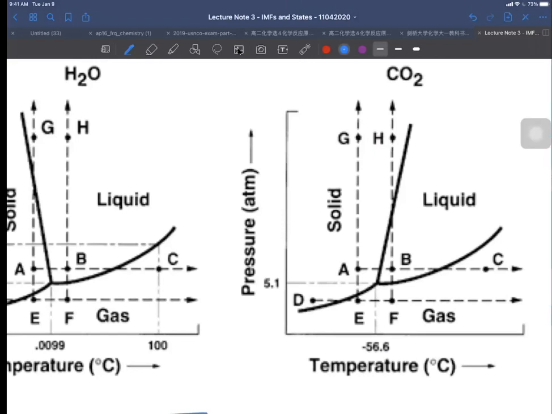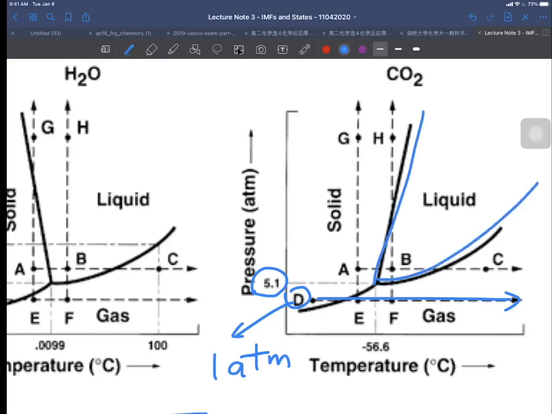Let's have a look. This is 5.1 atm. So if we suppose this dash line, the D dash line, is 1 atm, which means the carbon dioxide solid will directly change into the gas without going through the liquid, right?